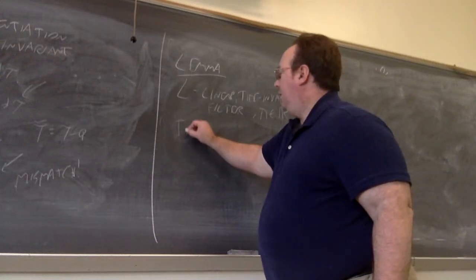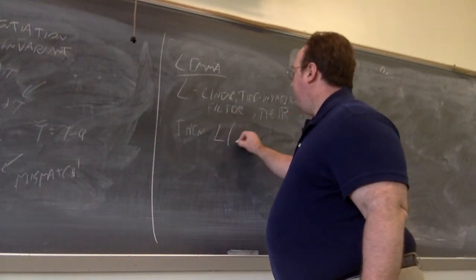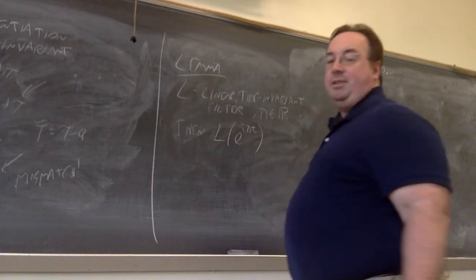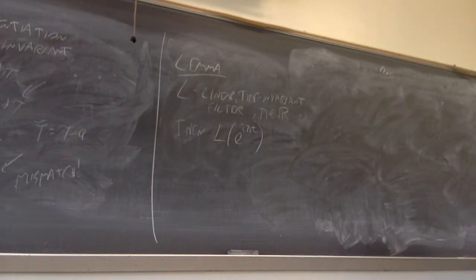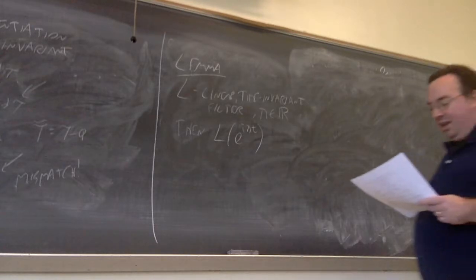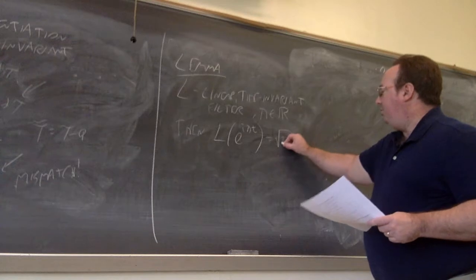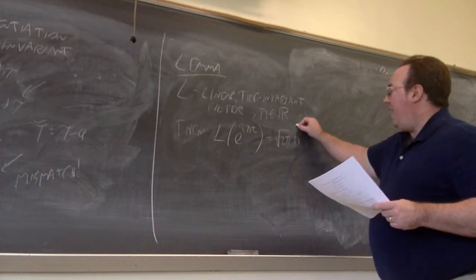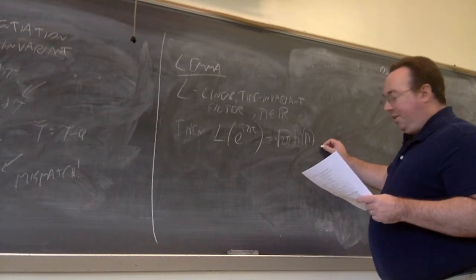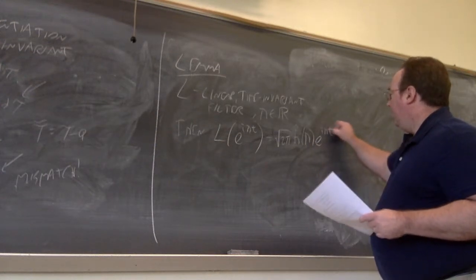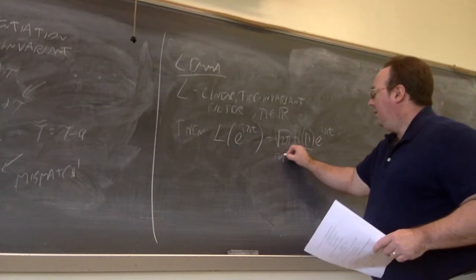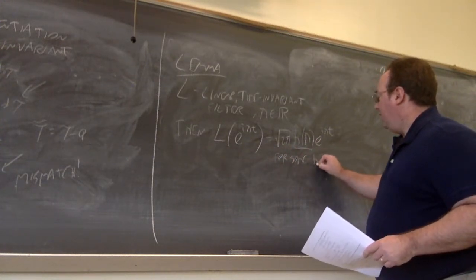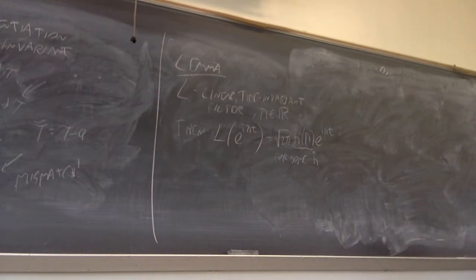Then it turns out that if I apply the filter to e to the I lambda t, for whatever lambda is, so if I apply it to this complex exponential, I can say that this is equal to square root of 2 pi h hat of lambda times e to the I lambda t, that there's some function of lambda only that makes this work. So any linear time invariant filter can be described by this property, which will lead to a simpler characterization building off of this. Okay.